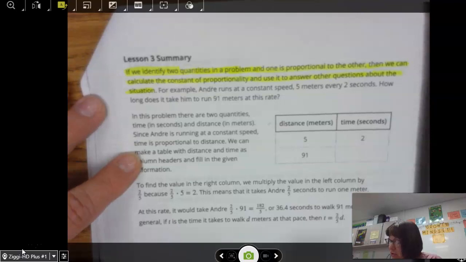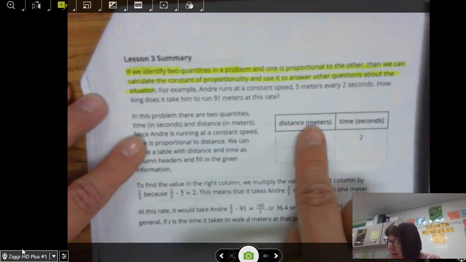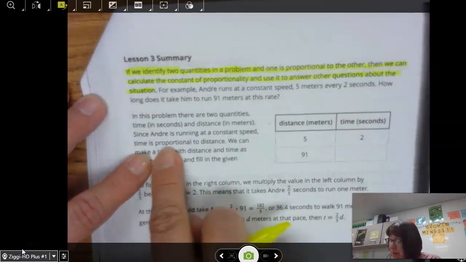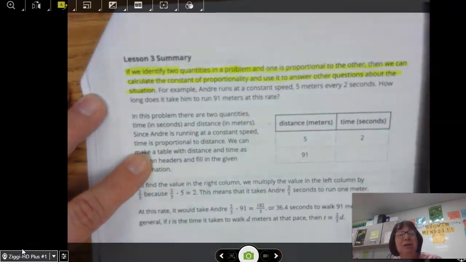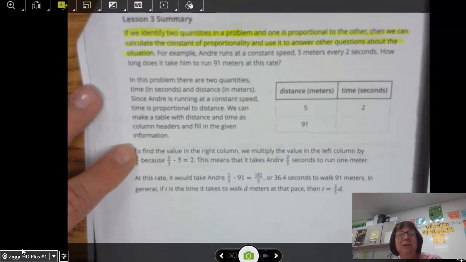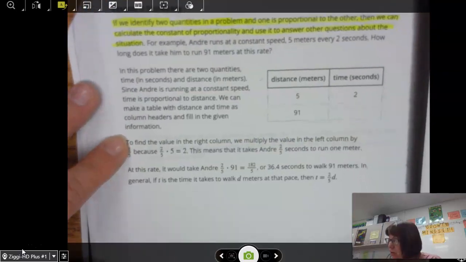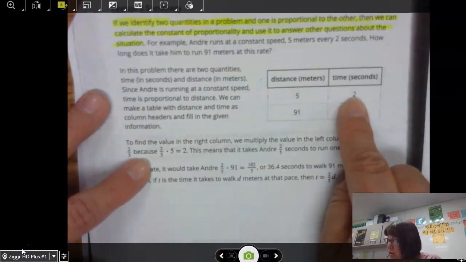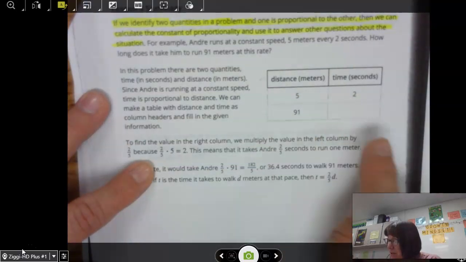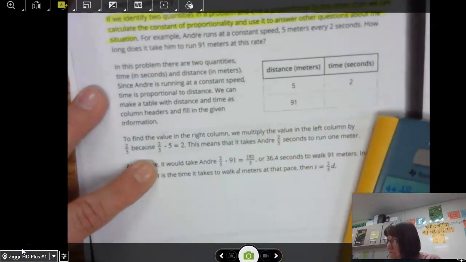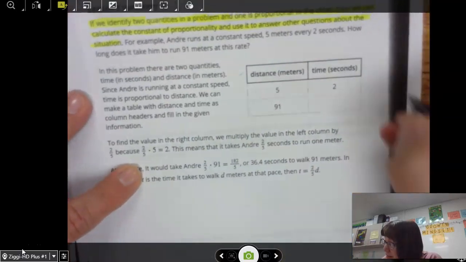So in this problem, there's two quantities. We have time and we have distance. Since Andre's running at a constant speed, time is proportional to distance. We can make a table with the distance and time and fill in the given information. So again, if you do the division here, 2 divided by 5 would be 2/5. So 2/5 is my constant.